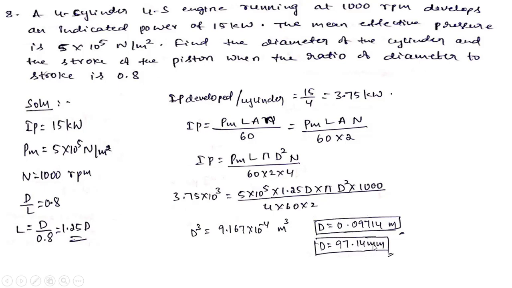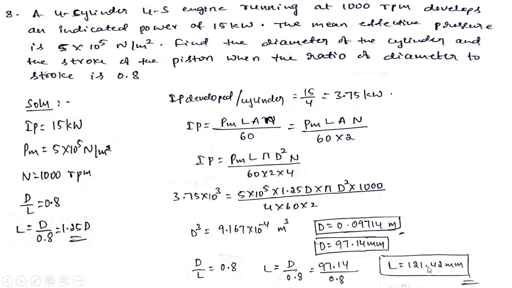Next, what they have asked to calculate is the diameter as well as the stroke length L. Once you have the diameter of the cylinder, you can calculate L by making use of the ratio. D by L is equal to 0.8 is given, so L is equal to D divided by 0.8. Substitute the D value: 97.14 divided by 0.8, and you will get L as 121.42.